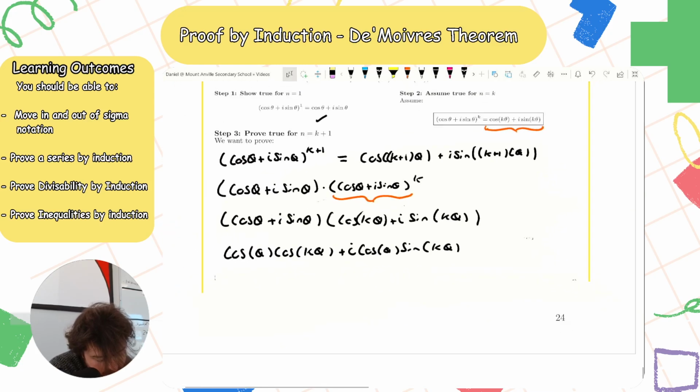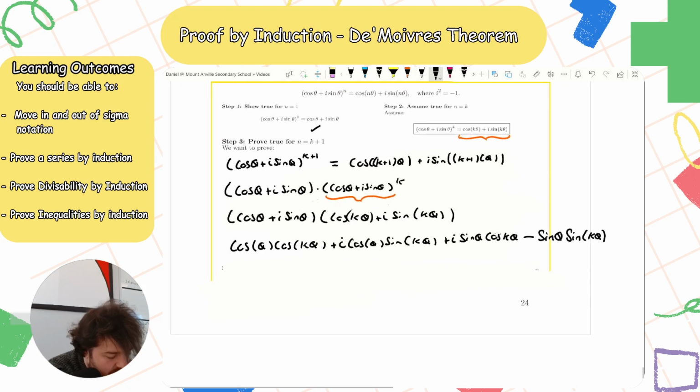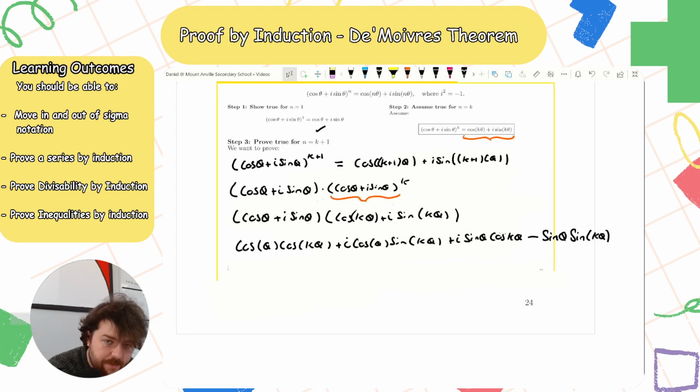Then i sine theta times cosine k theta, that's i sine theta cosine k theta. And then i sine theta times i sine k theta. i times i is -1, so this will be minus sine theta sine k theta. Right, so I expanded out my left-hand side.